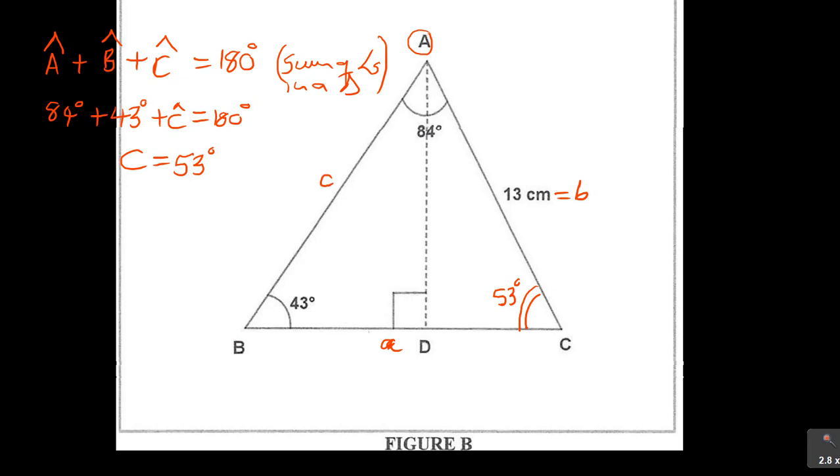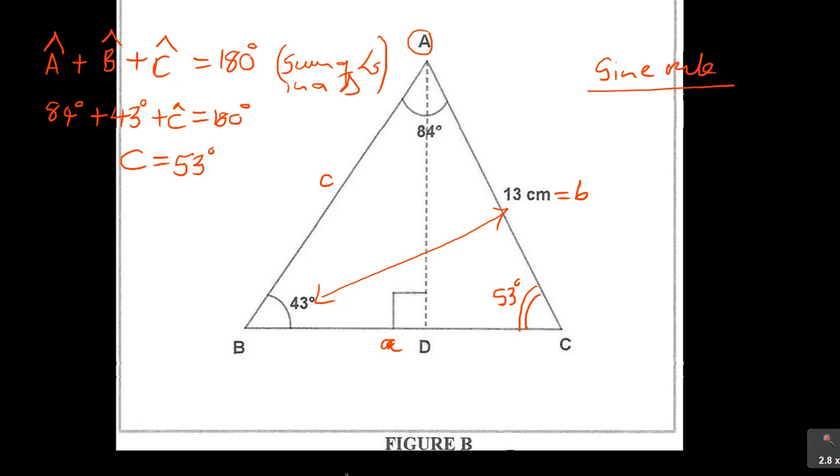Now if you look at the pairs, we have a B and a B, which is a complete pair. When a side and an angle are a pair, you must remember that you can use the sine rule. The sine rule is what we need to use.